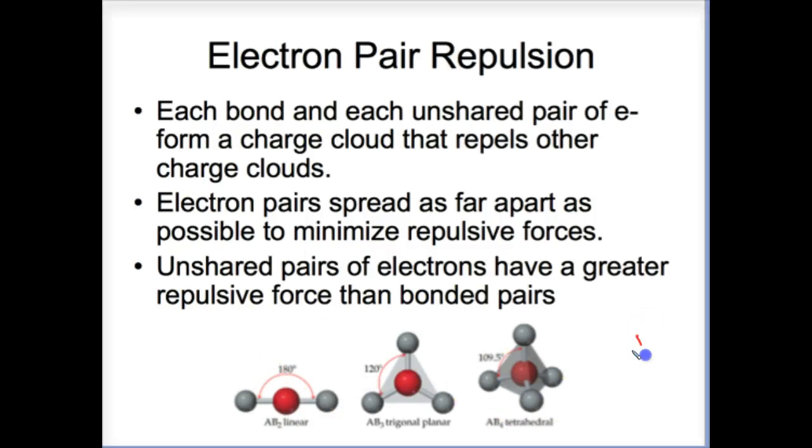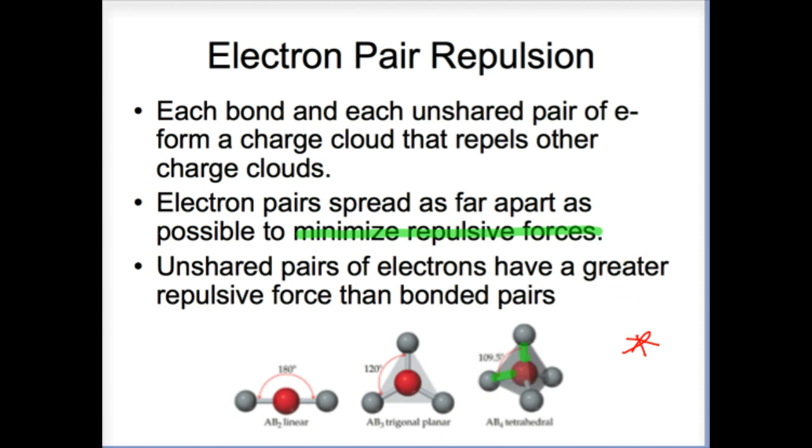And that means that we can actually predict the shape of our molecules based on the three-dimensional location of these electron pairs, because ultimately what's going on is all of these atoms are trying to minimize the repulsive force. So all of the electrons are trying to get as far away as possible from each other and still be shared between atoms.